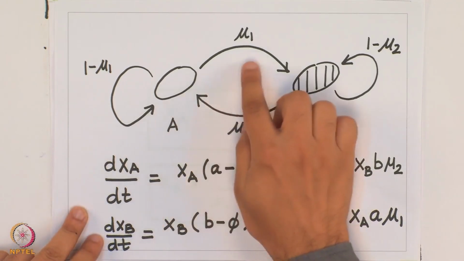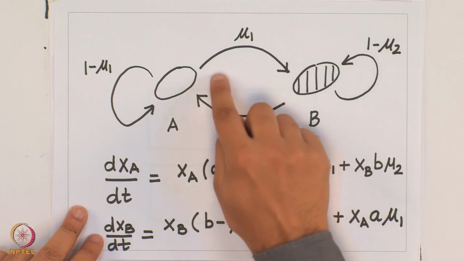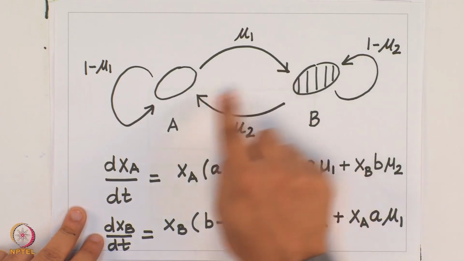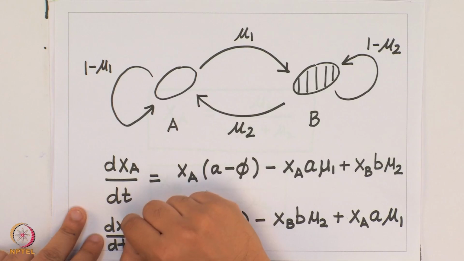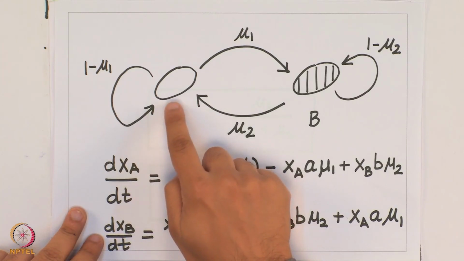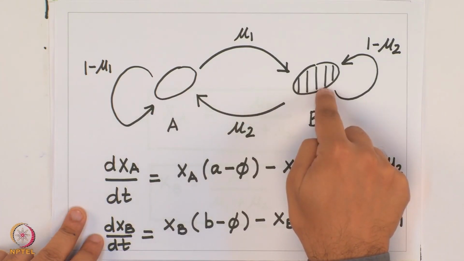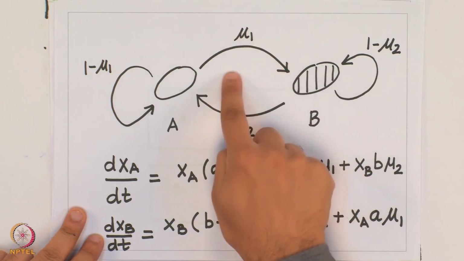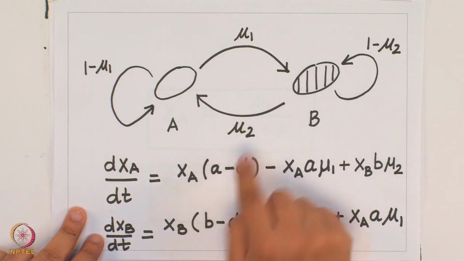Suppose you have mu 1 equal to 0. That means there is no error being made by genotype A, which means that genotype A will never give rise to genotype B. So, this arrow term becomes 0, but mu 2 is not equal to 0.